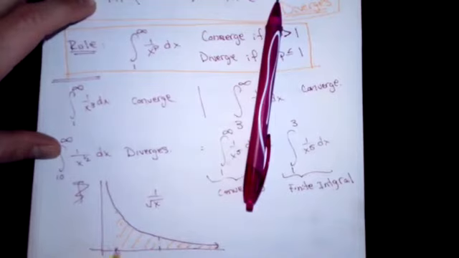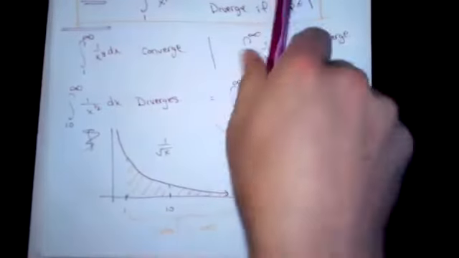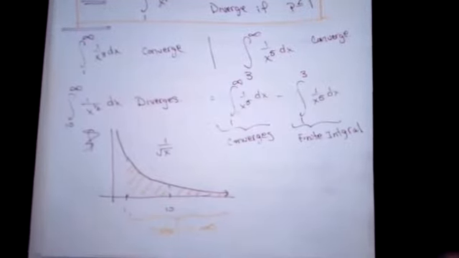It is infinity. So if I just subtract off this and start at 10 and go out to infinity, this is a finite amount from infinity. I'm still left with infinite area, so it's still going to diverge.